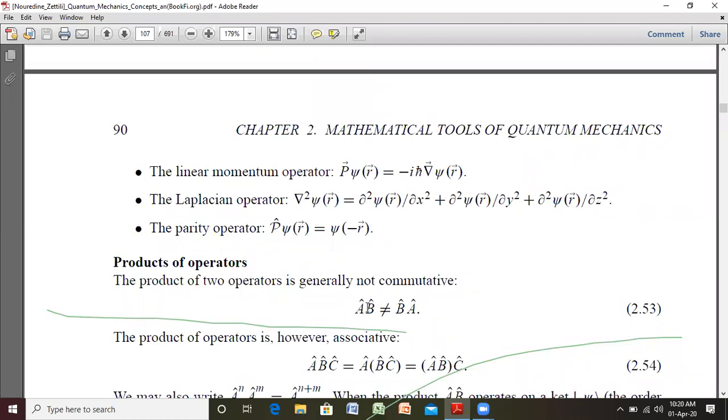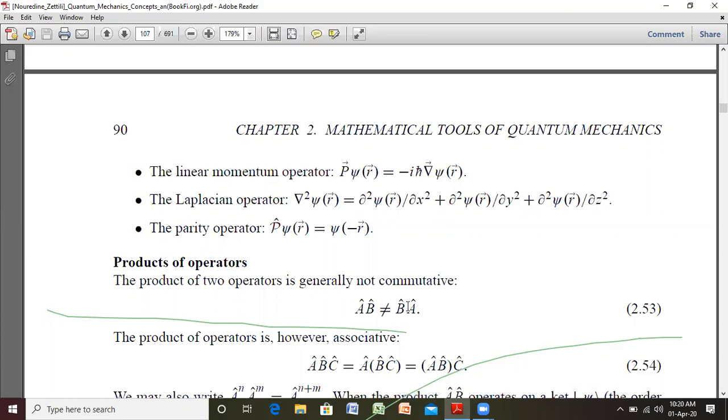It means if we apply the B operator on a function psi first, and then we operate with A, the result will be different from applying operator A first and then operator B. It means the sequence of application of operators matters.